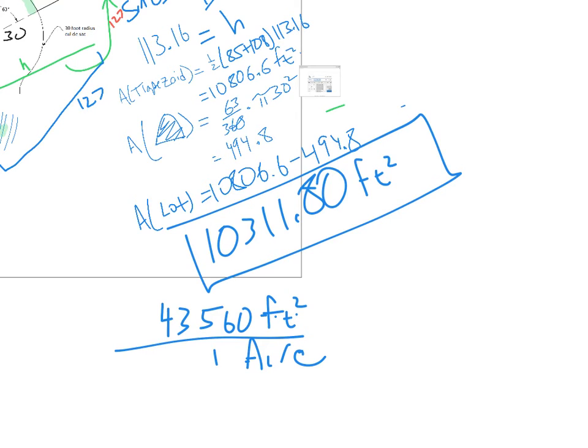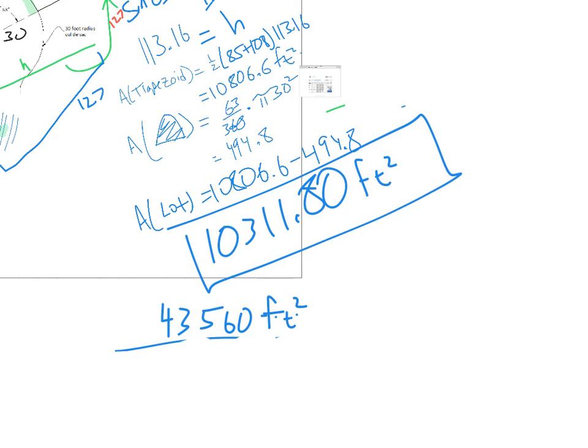So if we actually flip this, we can use our dimensional analysis. Let's go ahead and think of this as 43,560 is our square feet. And we know that we have one equivalent to 1 acre. So we're going to flip that around.